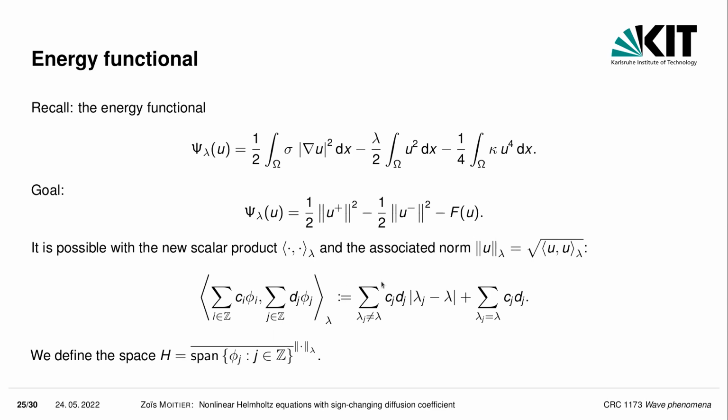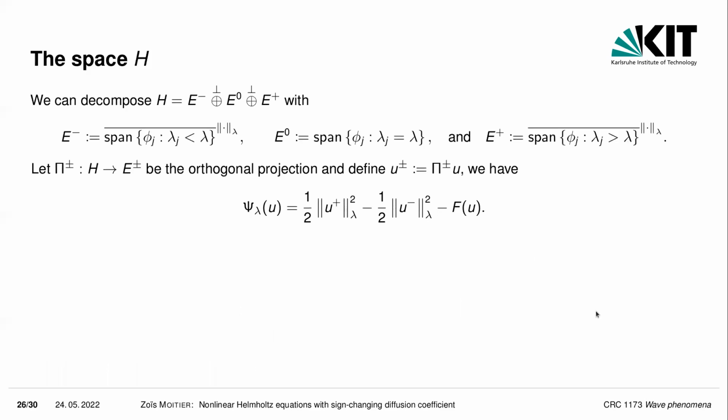And so this is a new scalar product, and you define the space H, which is the completion of the span with this scalar product that depends on lambda. This explains this norm, and this U plus and U minus are just the projection basically on the subspace where lambda j is less than lambda.